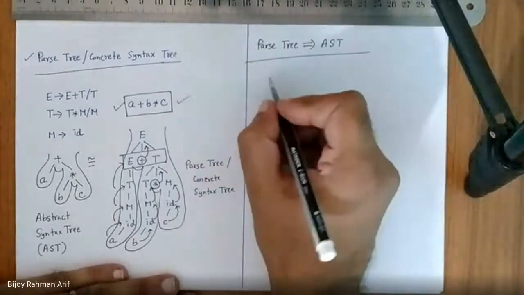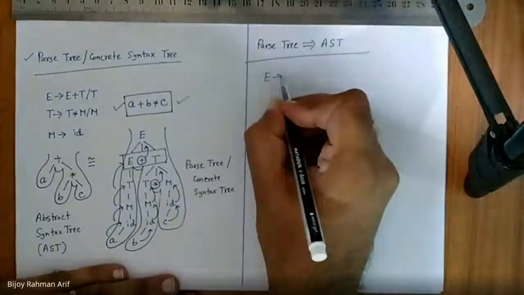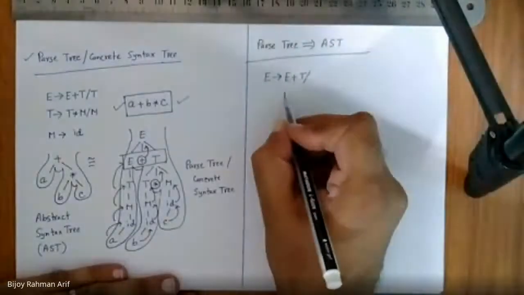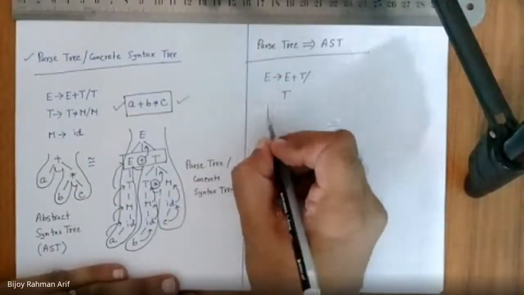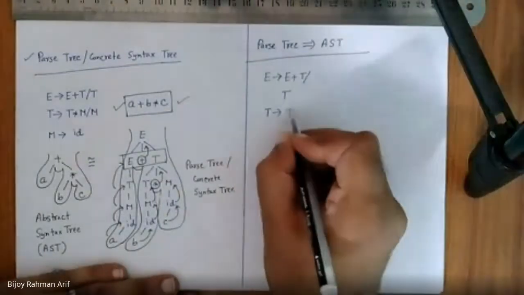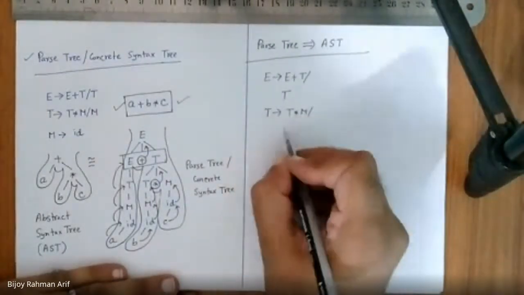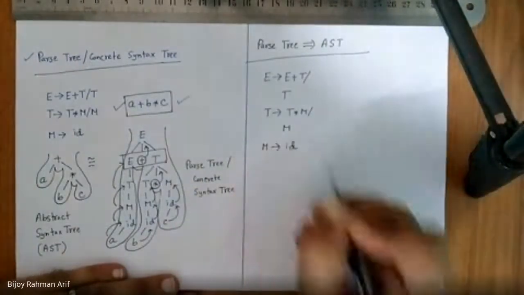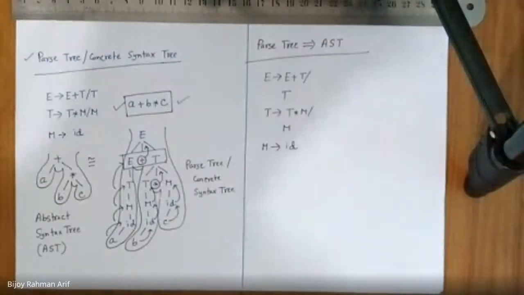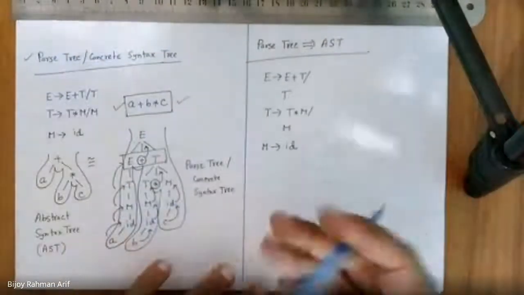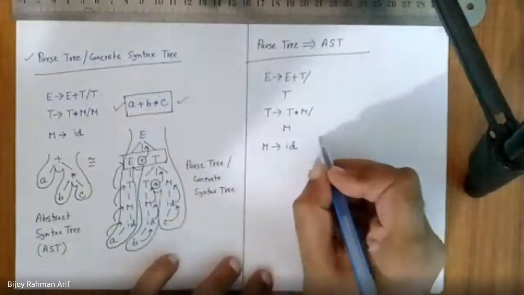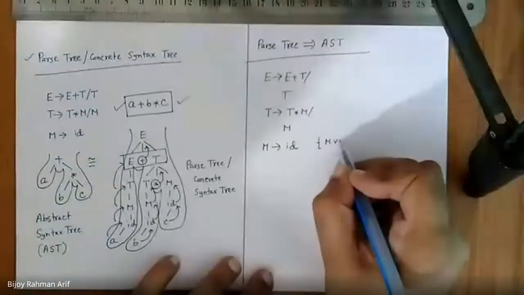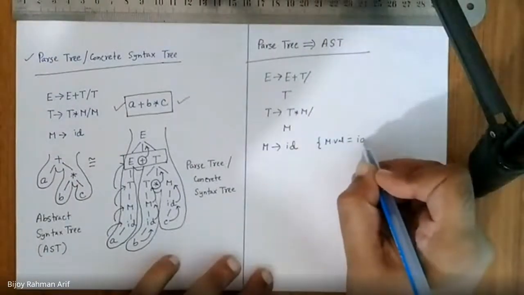So write down the grammar: E derives E plus T or T, T derives T star M or M, M derives ID. So what would be the technique? The technique is very simple. Whenever on the right hand side there is only a single value, you are passing that one. Just so M dot val is nothing but ID dot lexval.